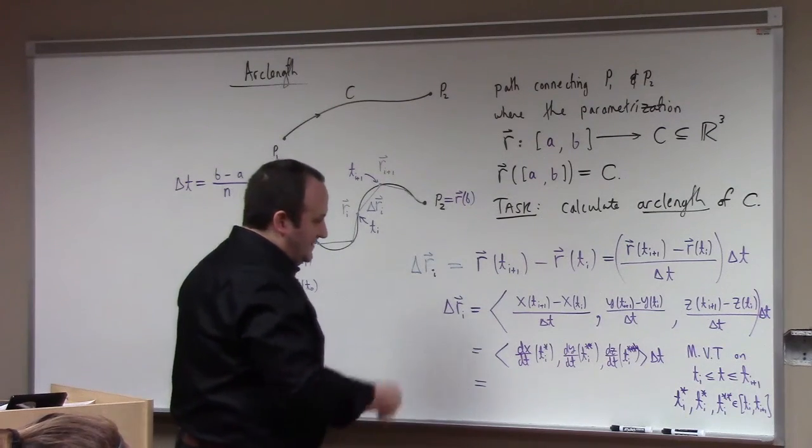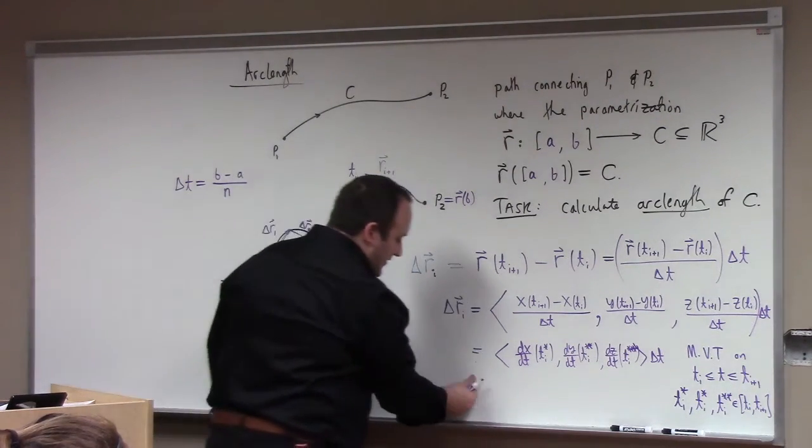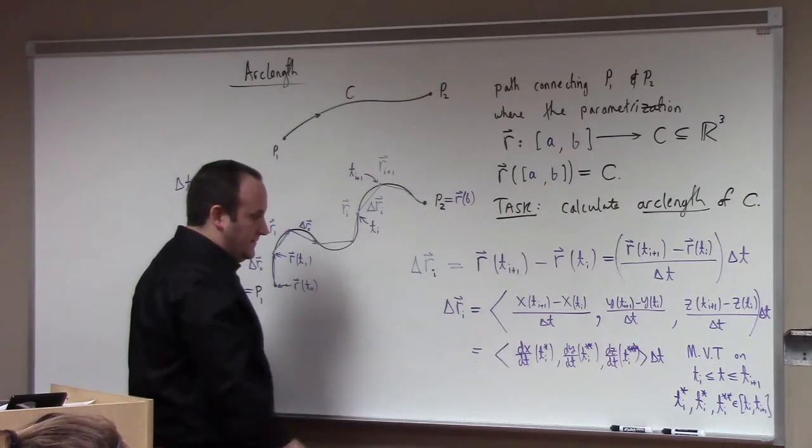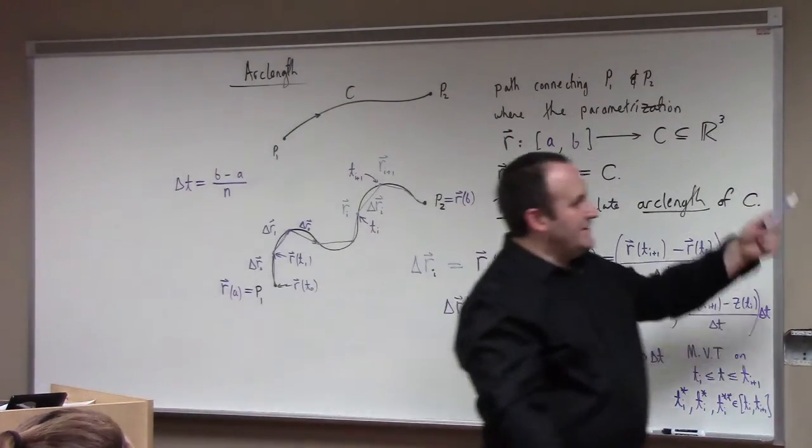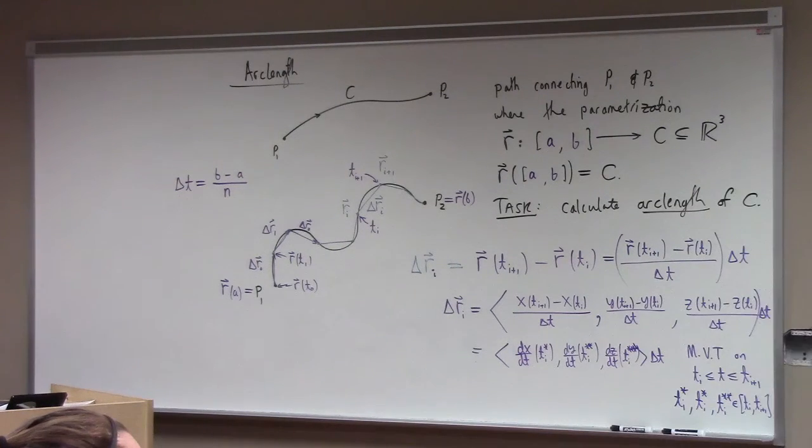in the limit as delta t goes to 0, what happens? I hate to erase this, but I'm going to have to. I wanted to use this as an example, but it's too late. I'm going to save these, though. All right, getting to it.